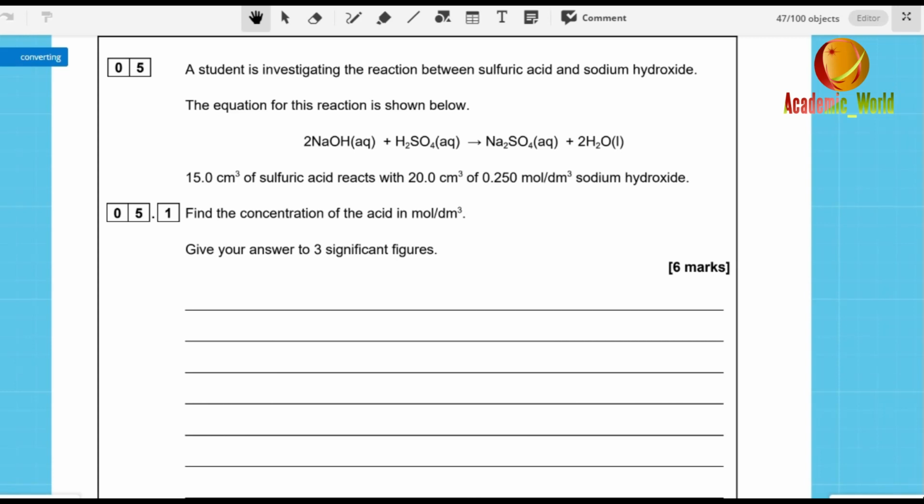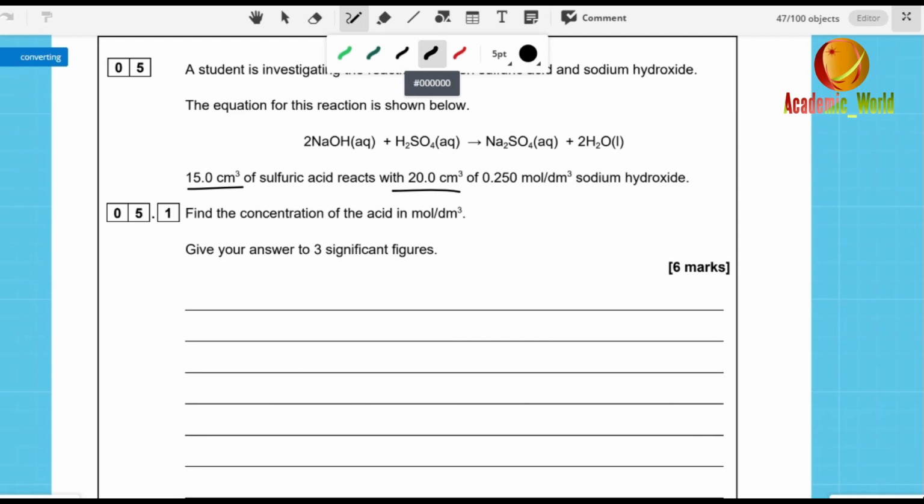First of all, we have the volume in centimeter cubes, so first you have to convert the volume into decimeter cubes. I'm going to convert the NaOH volume first, that is 20 divided by 1000. The concentration is given in moles per decimeter cube.